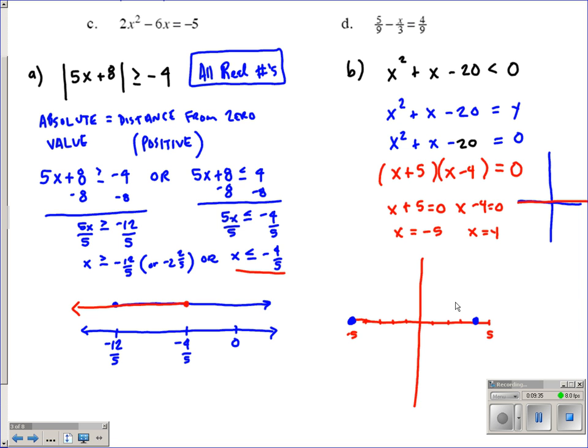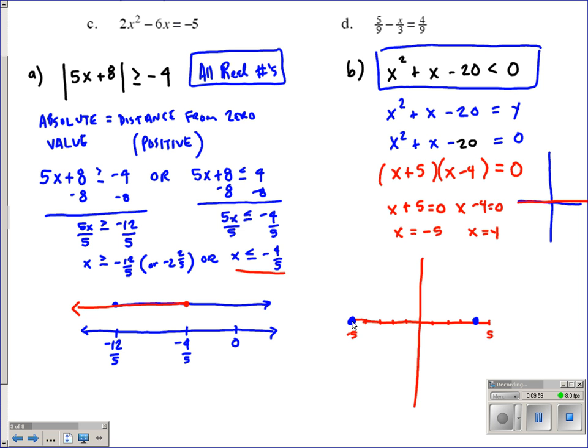Now remember, this is what it would be if we were looking for what made our values equal to 0. When we look at our original inequality up here, we're looking for the values that make x squared plus x minus 20 less than 0.